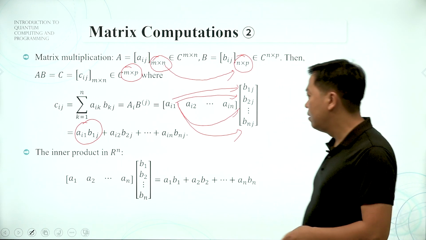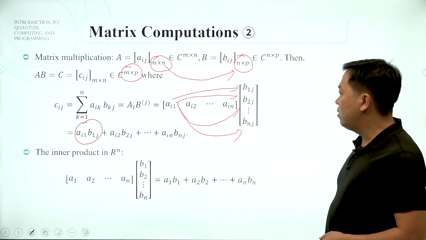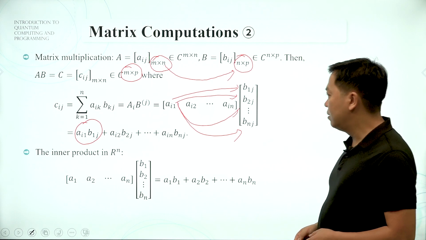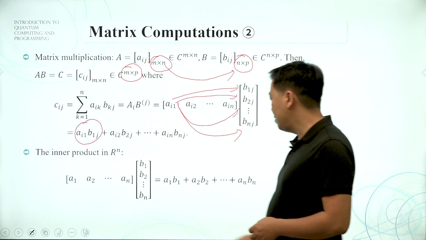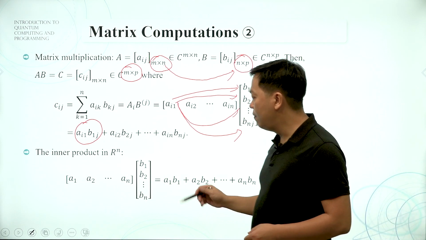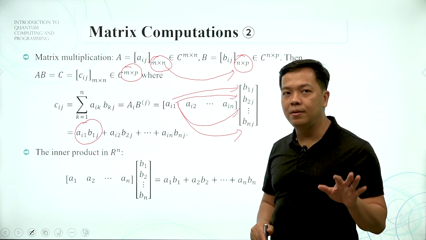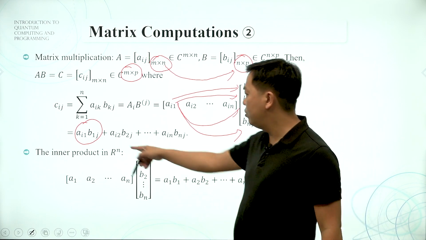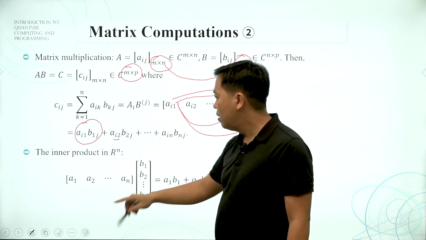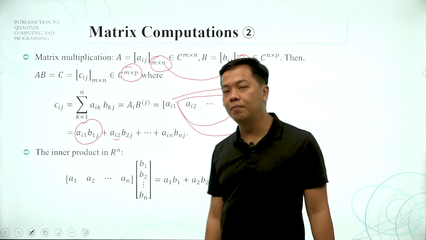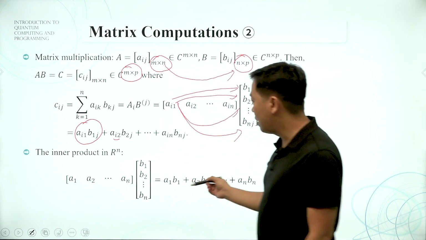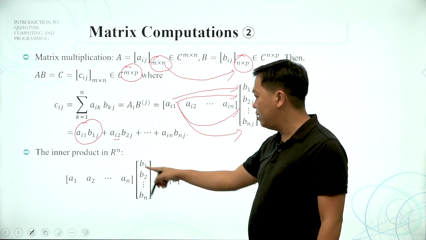And the other thing, we have inner products in the real numbers. Over here we do not have the imaginary part, where we have i. Over here we only have real numbers. So this is how we multiply the matrix in real numbers.